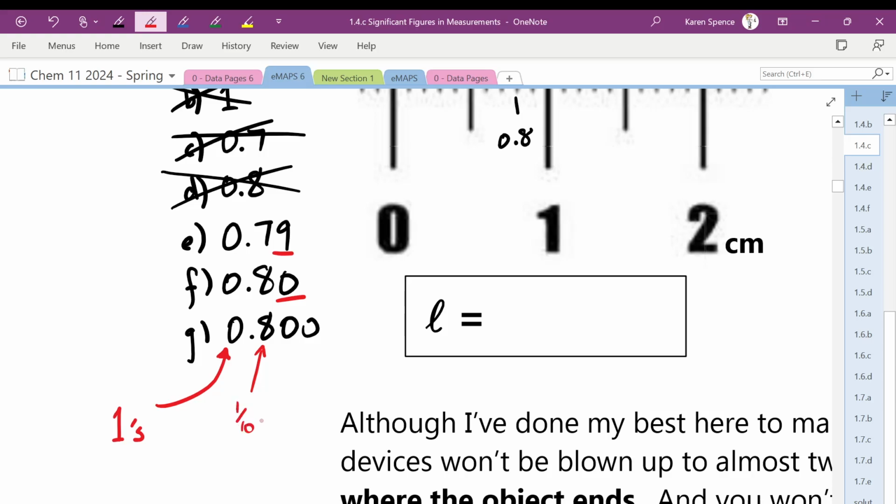The tenths. Or if you wanted to write it, you would say it's the 0.1s, but it's the tenths. What position is that first 0 after the 8? That's the hundredths. And this one is the thousandths. Okay? So our uncertain digit is in the hundredths position.